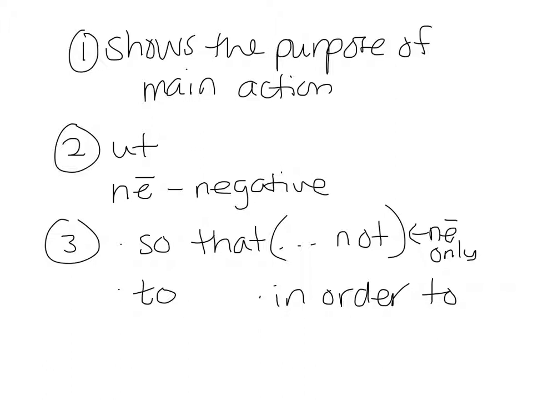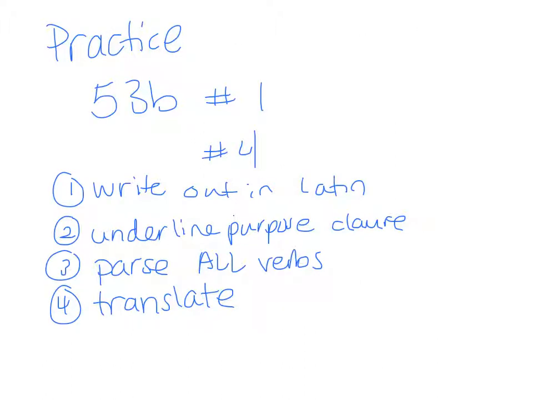For your practice, we're going to go straight into trying some of these. So in your book, exercise 53B, which is on page 126, you're going to do number 1 and number 4.